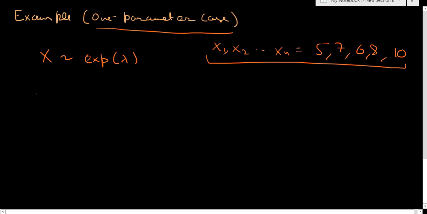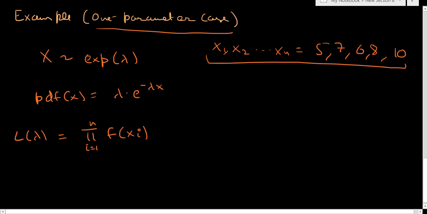So we know that the PDF, that is the probability density function of x, is obviously lambda e to the power of minus lambda x. Now the likelihood function, if I want to construct it, would be obviously the same definition: product of i going from 1 to n of f of xi, right? So I just have to multiply this n times.